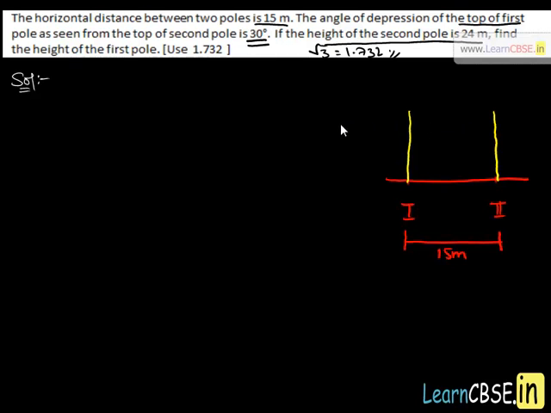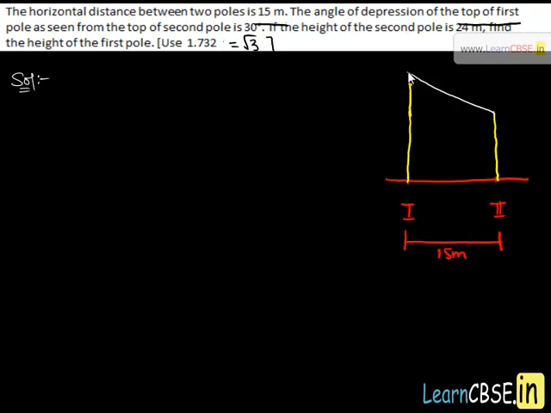But in this case, we are given the angle of depression of the top of the first pole when observed from the top of the second pole is 30 degrees. That means we have to lower our head to look at the top of the first pole by standing on the top of the second pole. So we can say that the first pole is shorter than the second pole.